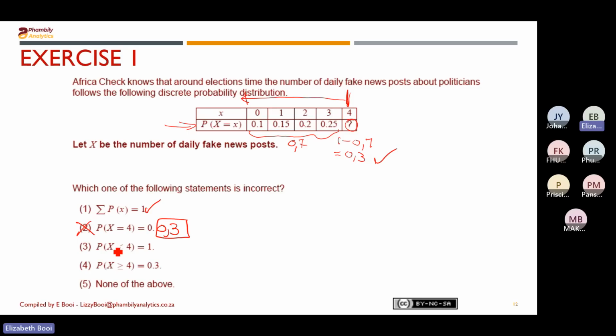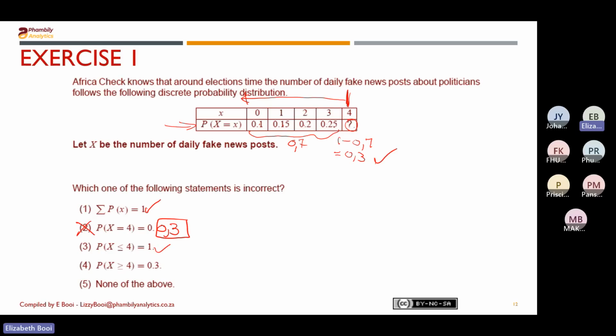The probability that X is less than or equal to 4 is the probability of X equals 0 plus the probability of X equals 1 plus the probability of X equals 2 plus the probability of X equals 3 plus the probability of X equals 4. You add all of them together, and that gives you 1. We did it in option number 1 because we said the sum of all probabilities is equal to 1.